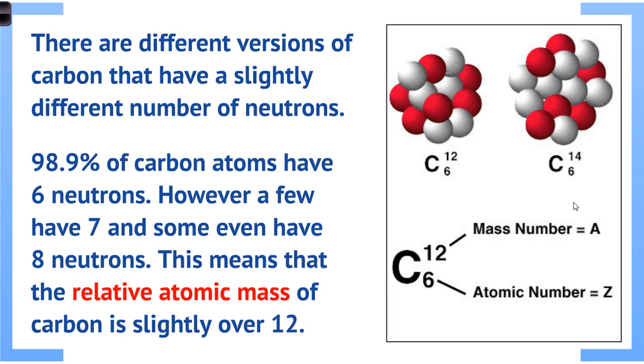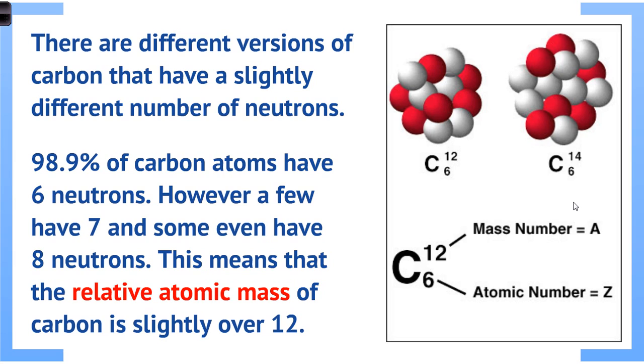So this means that if we had a lump of carbon, its relative atomic mass is actually slightly over 12, because normal carbon has a mass of 12, 6 protons and 6 neutrons.